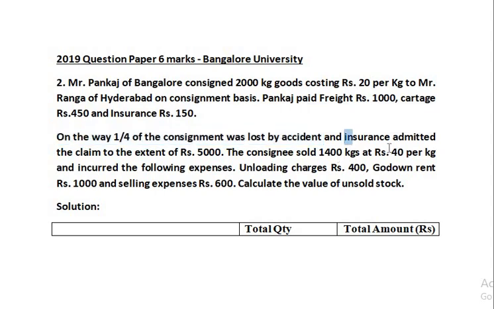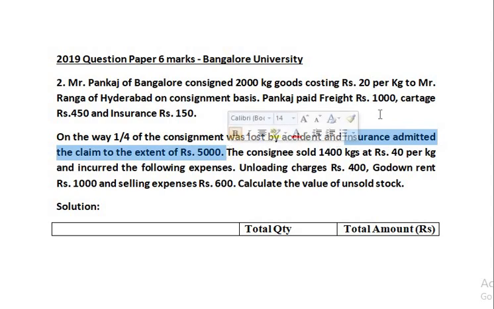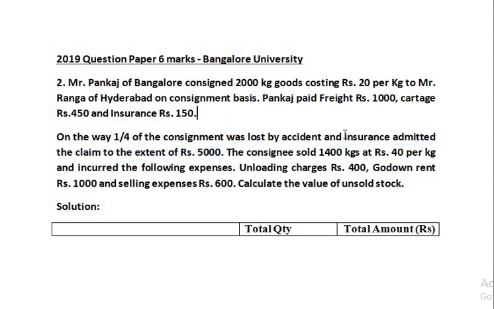And insurance admitted the claim to the extent of 5,000. Here the consignor has taken an insurance policy for the abnormal loss of goods, and the insurance company provided the claim amount of rupees 5,000. This information should not be taken into consideration while calculating the value of unsold stock or closing stock.